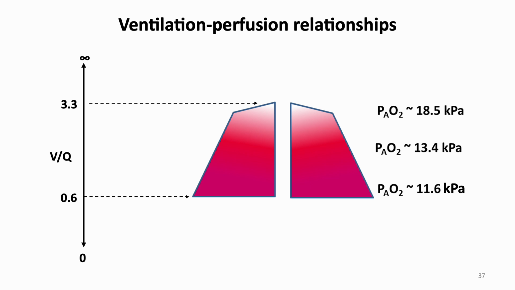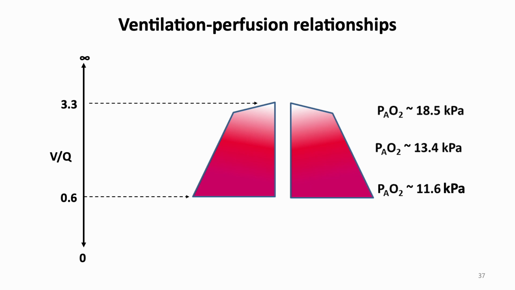So ventilation is higher than perfusion. That means that the air within the alveoli is more dominated by the inspired air than by the blood that perfuses through this area. So blood that leaves this part of the lung has a relatively high oxygen tension of around 18.5 kilopascals.